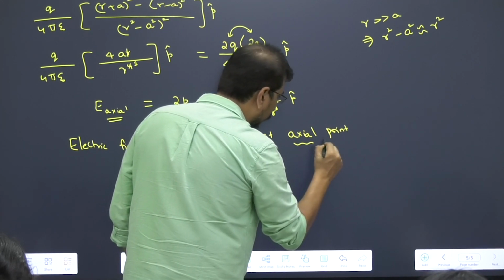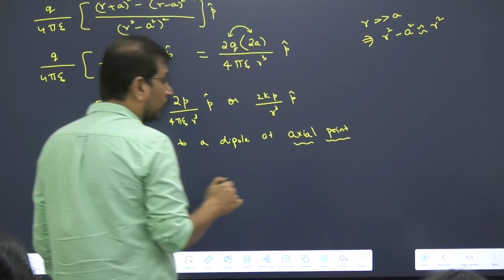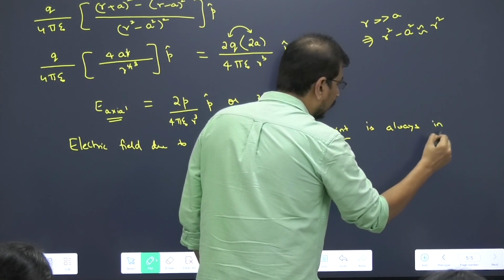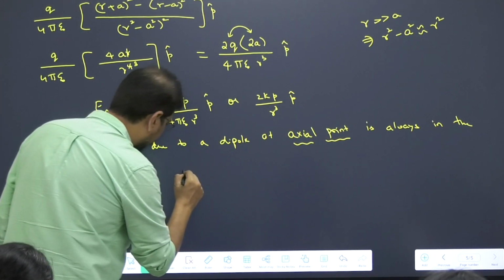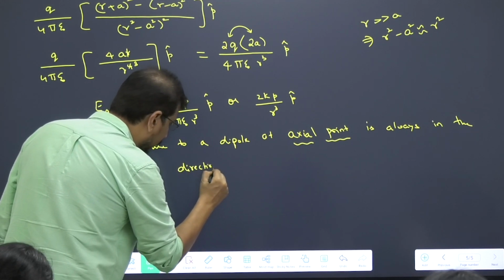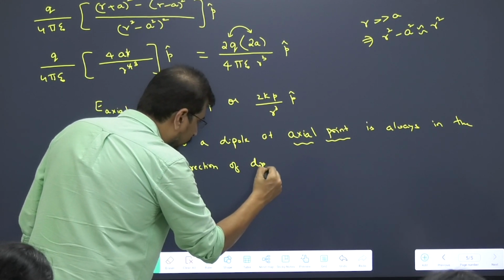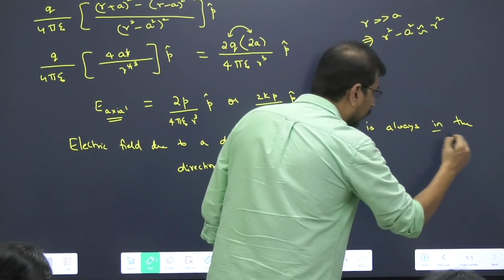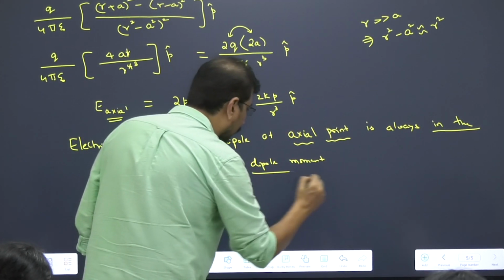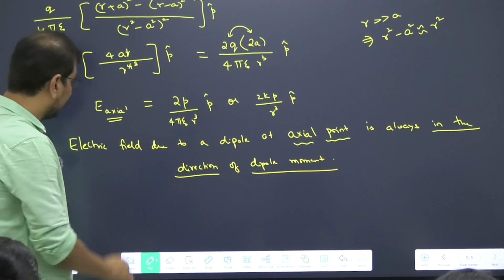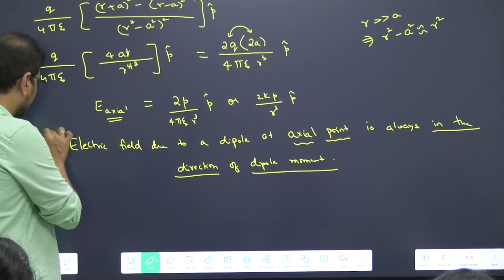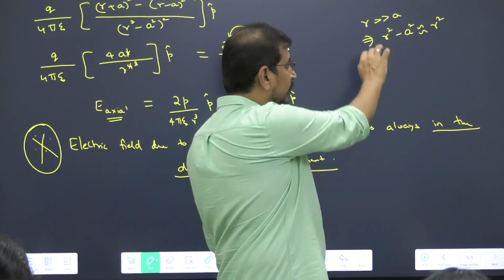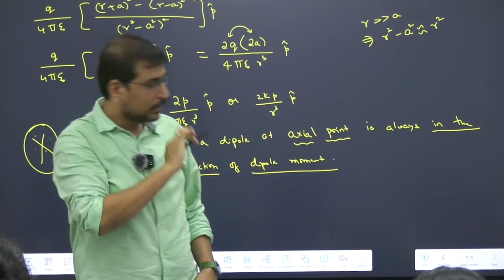This is the word we need to make a note of. At an axial point it is always in the direction of dipole moment. It is always in the direction of dipole moment. Right? This is a very, very important point to be noted. So is it clear? You understood this approximation, right? So everything is clear? Okay.